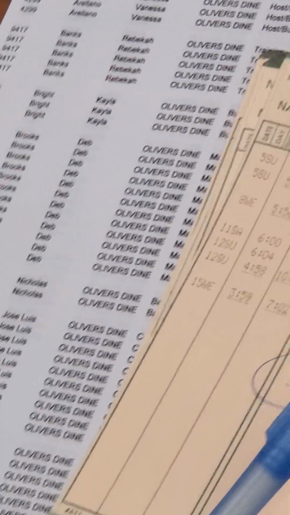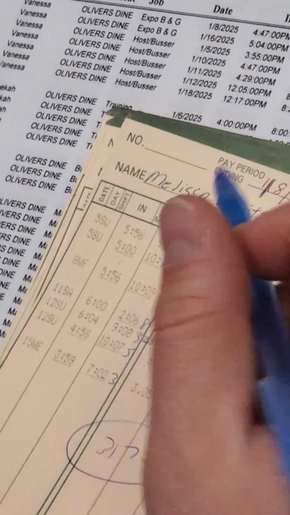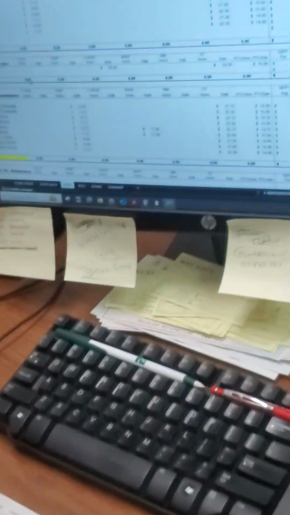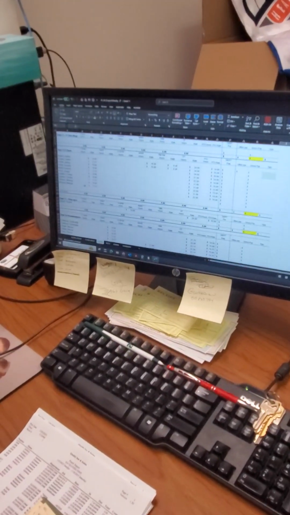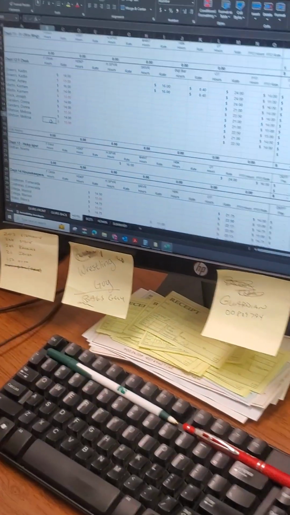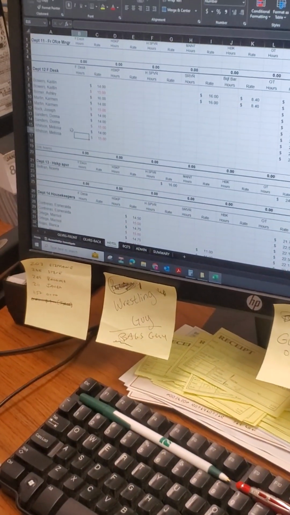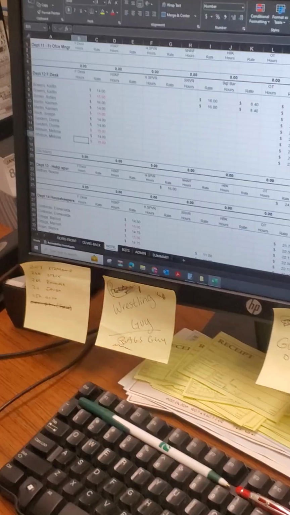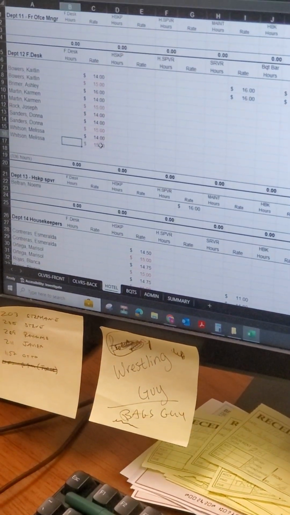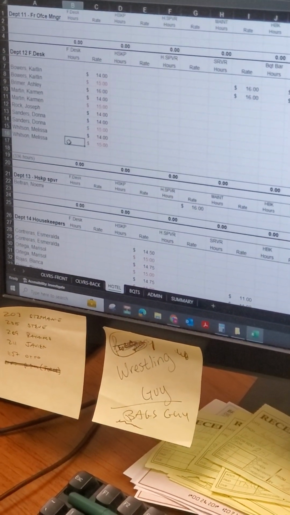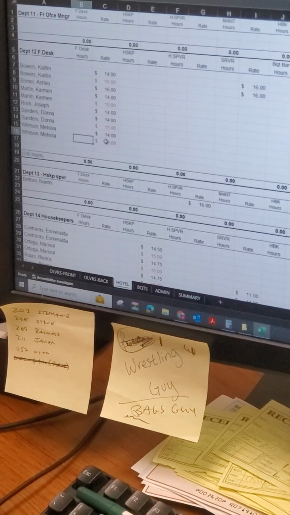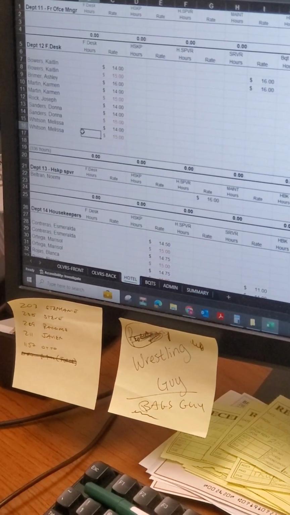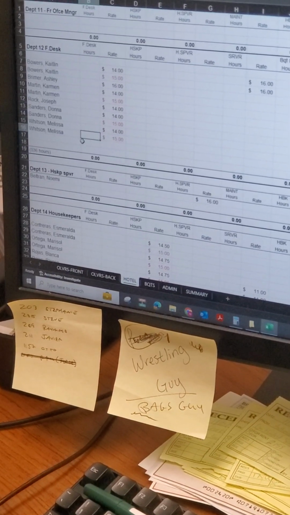All right. So then I go to the hotel tab, Melissa Whitson. So disregard the duplication. There's usually only one name, one rate. Just assume there's one. So we're going to go. The rate is $15 an hour for 2025. So $31.75.